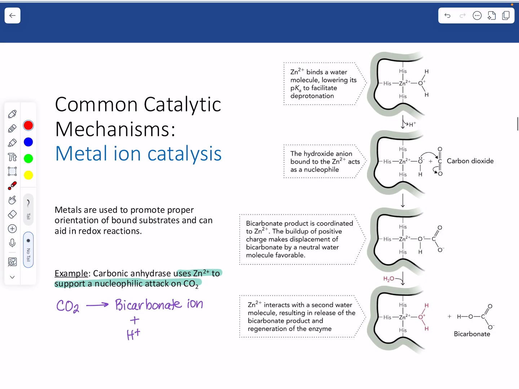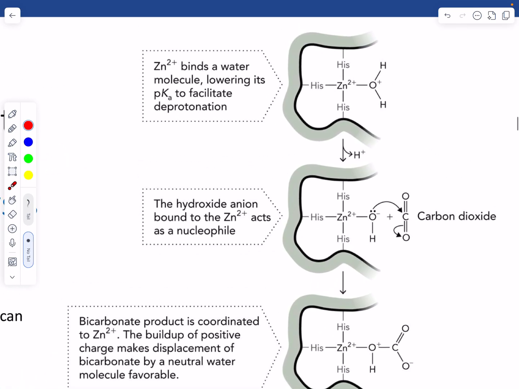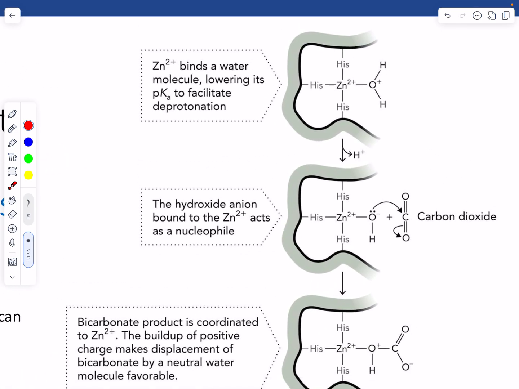All right, so let's look at this cycle, okay? So here we have, in the beginning of the active site, a zinc, and remember that what's good at binding zinc? Histidine and cysteine side chains. So the way the zinc is held in the active site is by coordinating to histidines.